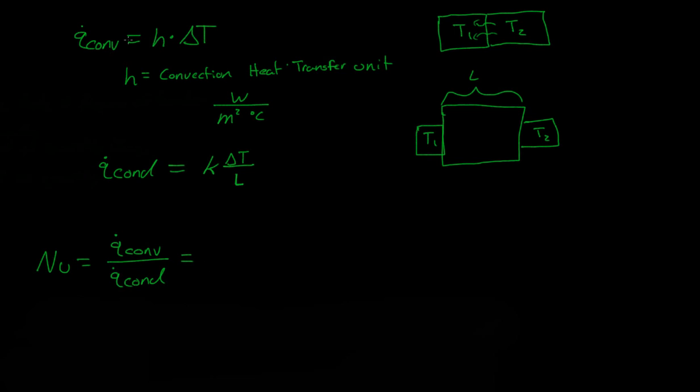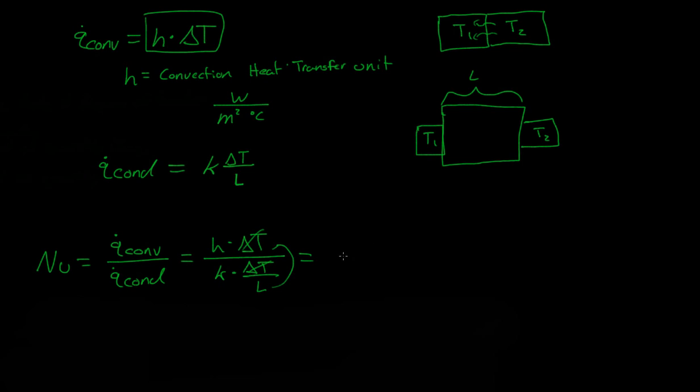So if we put this in for Q convection, we get H times delta T over, with putting in now this for Q conduction, K times delta T over L. And what we see is the delta T's cancel, and this flips up over here.